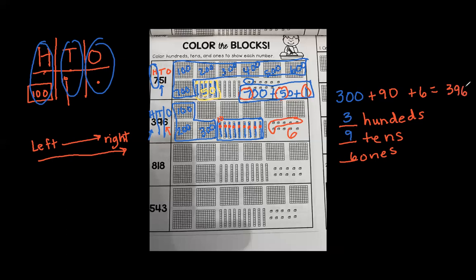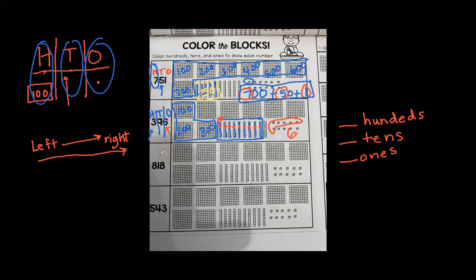The next number we have is 818. 818 has a hundreds place, a tens place, and a ones place.